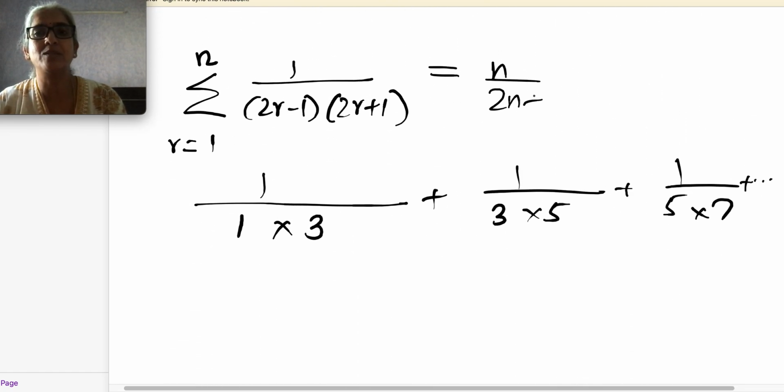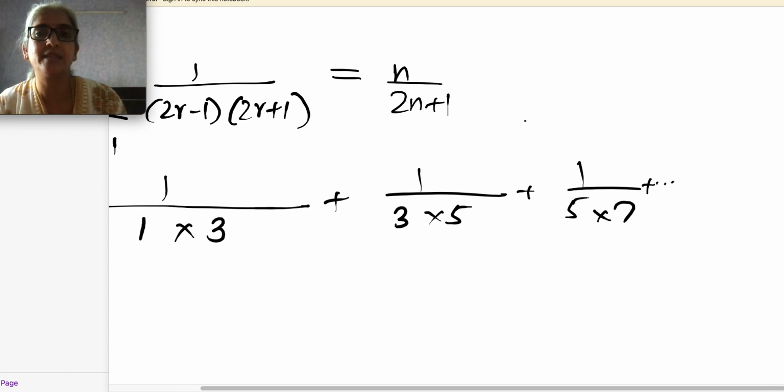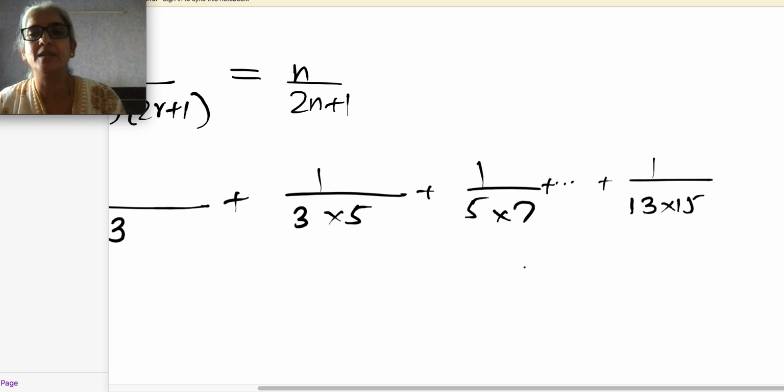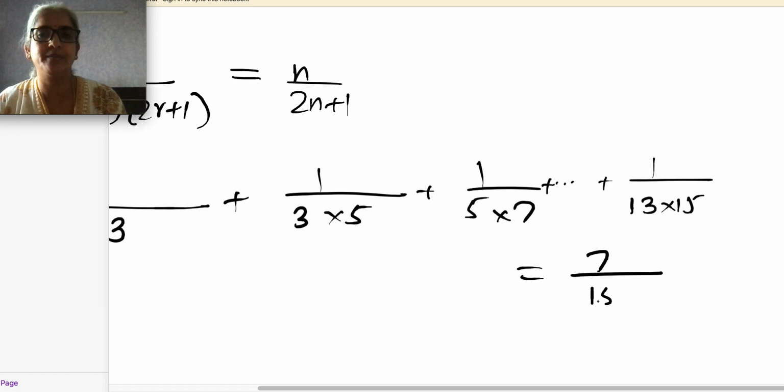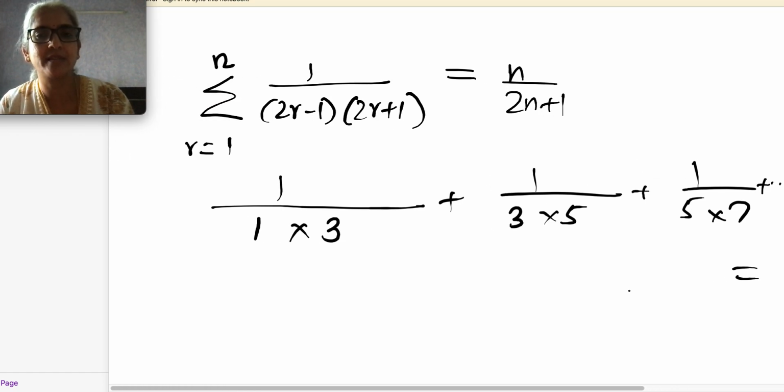So if I do this kind of summation till r is 7, for example, then this should lead to 13 times 15, and this should equal 7 upon 15, if I am going till 7. So this is something that the proof is expecting us to do, and we are using mathematical induction again.